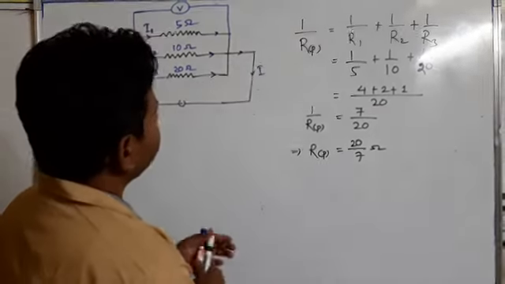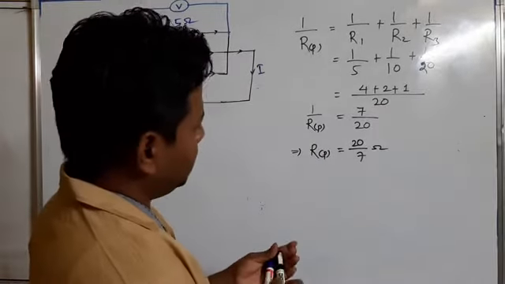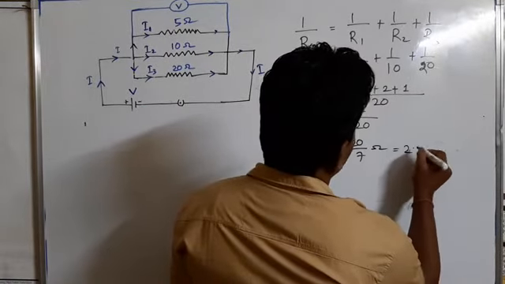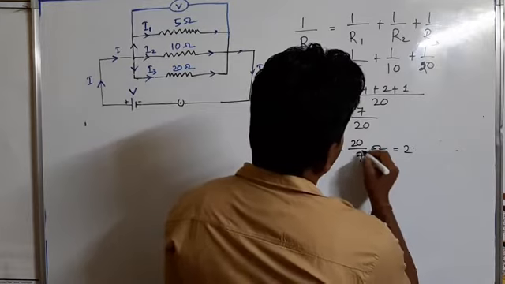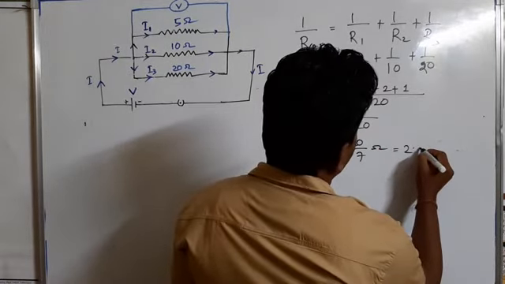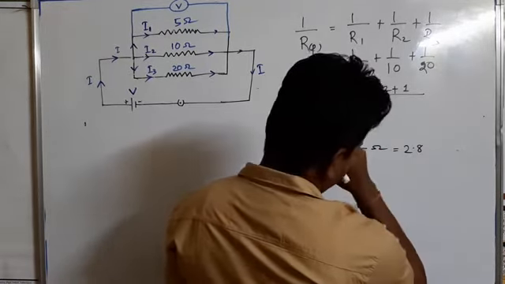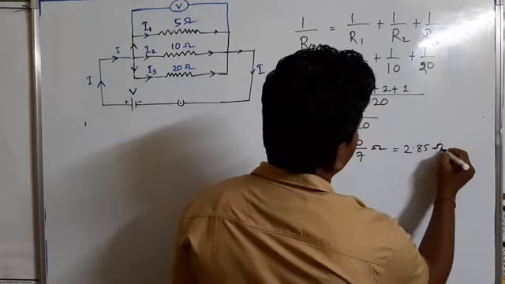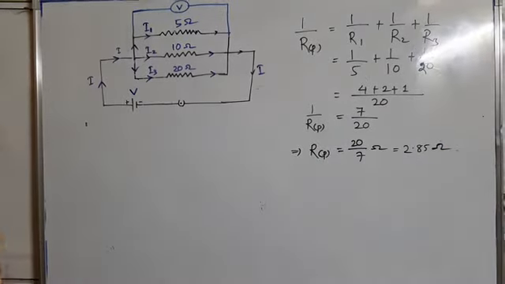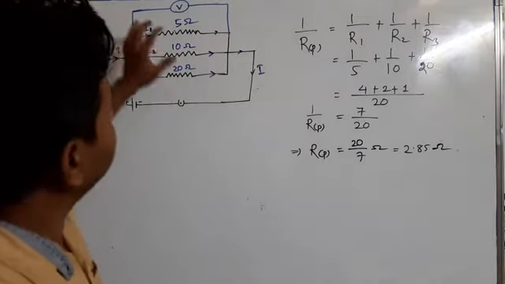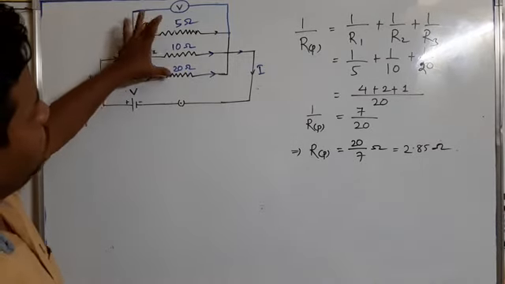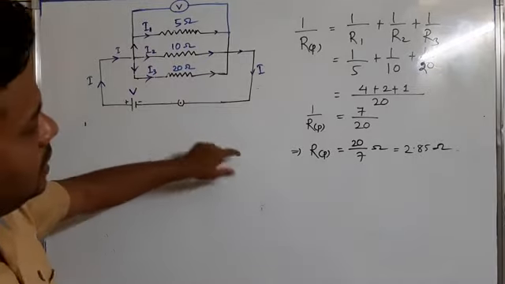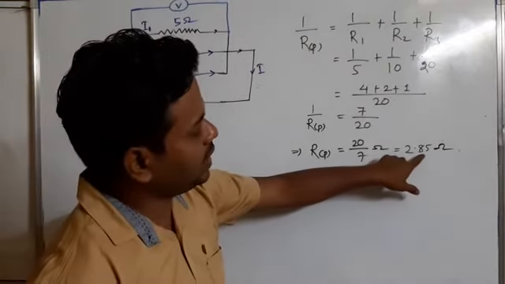Then you can find the total resistance in parallel connection. So students, if you find the value of 20 by 7, it will be approximately 2.85 ohm. So you see the difference: 5 ohm, 10 ohm and 20 ohm are there, but if you combine them in parallel connection, their total resistance becomes 2.85 ohm.